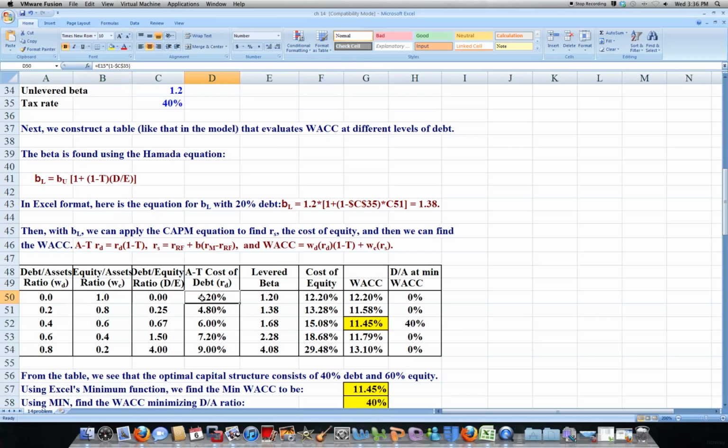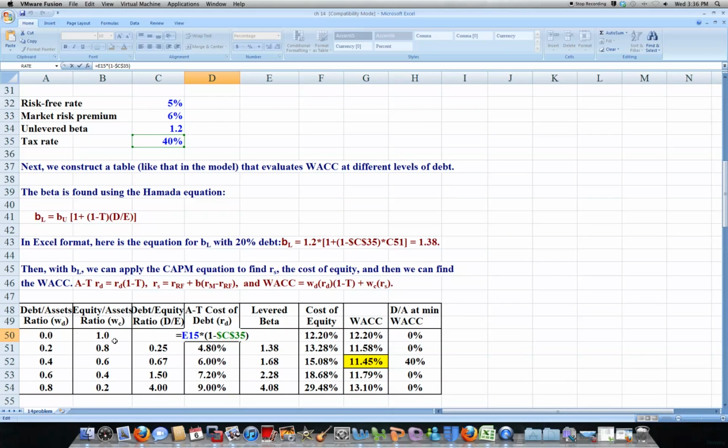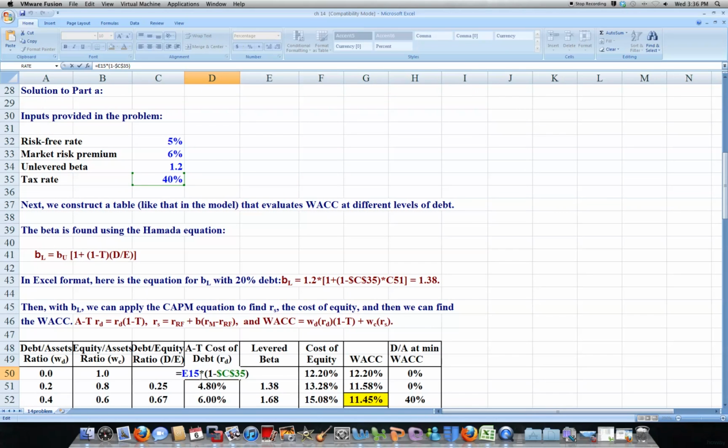Now, to find our after-tax cost of debt, all we have to do is take our before-tax cost of debt, which at this debt to equity ratio was 7%, and multiply that times 1 minus the tax rate, C35, or 40%. That's our after-tax cost of debt.